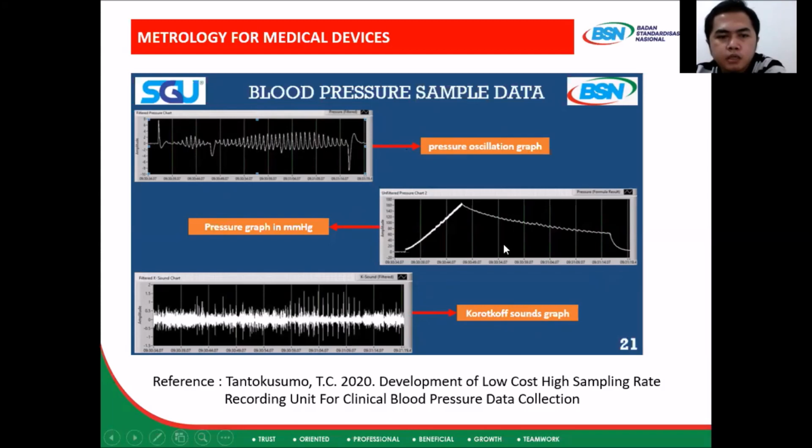This might be because of the microphone sensor itself. In this case, we use the digital stethoscope, we made ones. In the ISO, it should be used a double stethoscope.